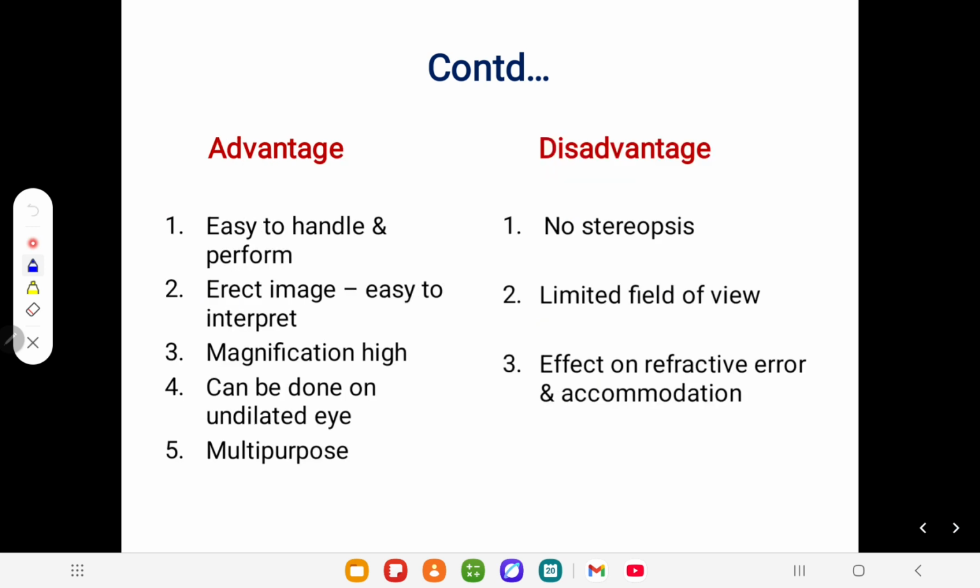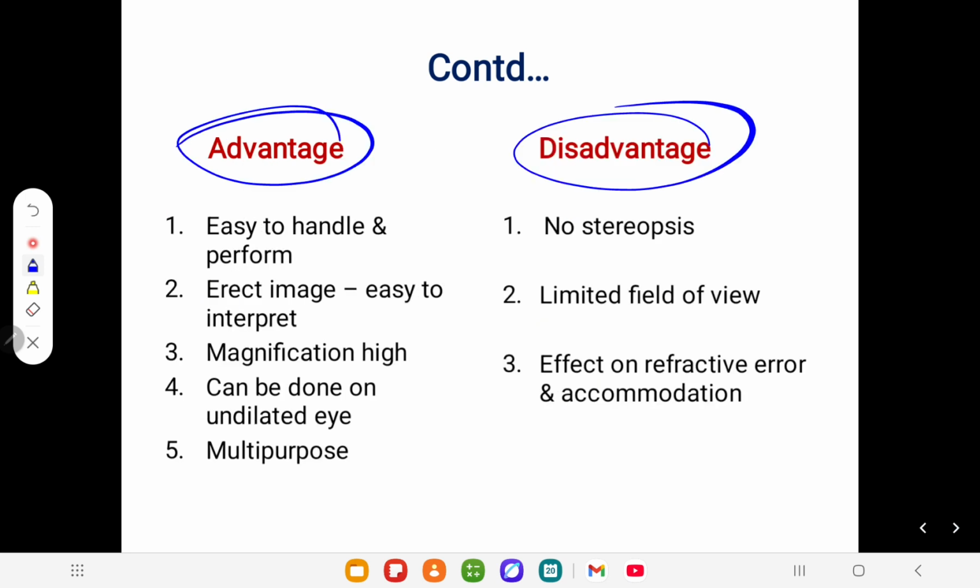Now the advantages and disadvantages of the direct ophthalmoscope. Let's talk about disadvantages first. No stereopsis, that's a disadvantage of this direct ophthalmoscope. When you talk about the indirect ophthalmoscope, that's the advantage, stereopsis.